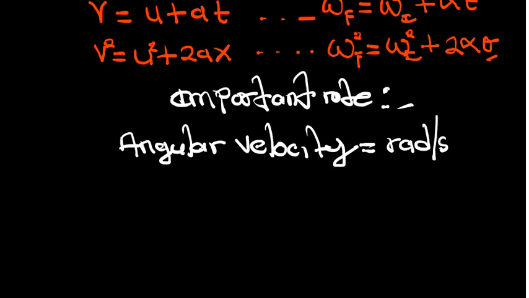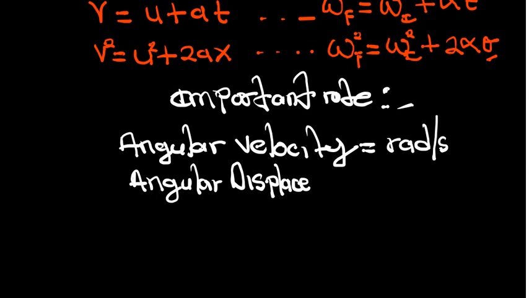Which other thing? Angular displacement. Angular displacement is always measured in rad or radians. We're just talking about the distance of an object moving in a circular position, that is in radians.